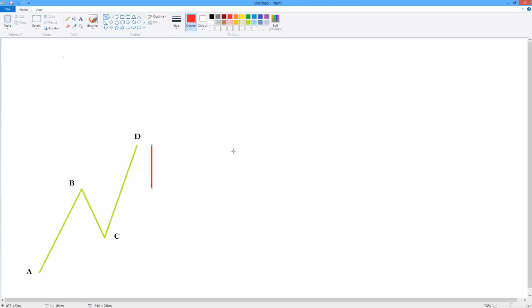Before I put any numbers or anything on this, we'll go ahead and do it the opposite direction, just so you can see again. Okay, so again, if price was moving downward, price would move downward. And then it would retrace back up.